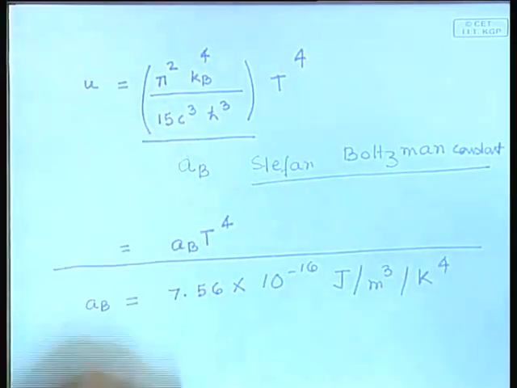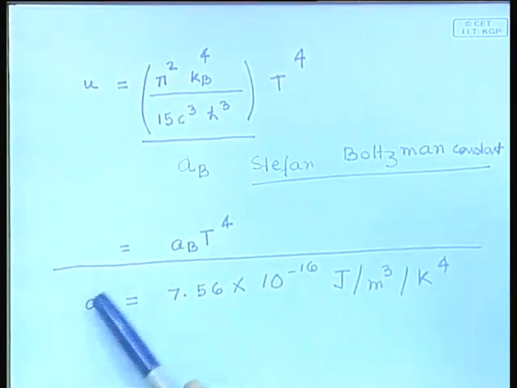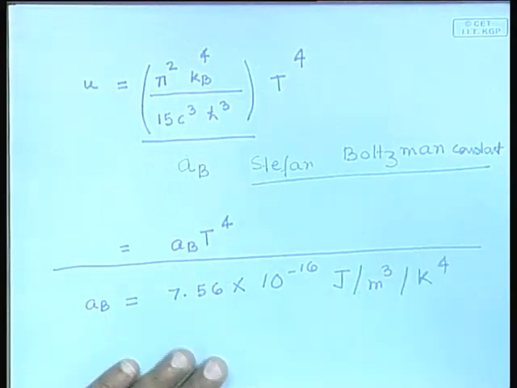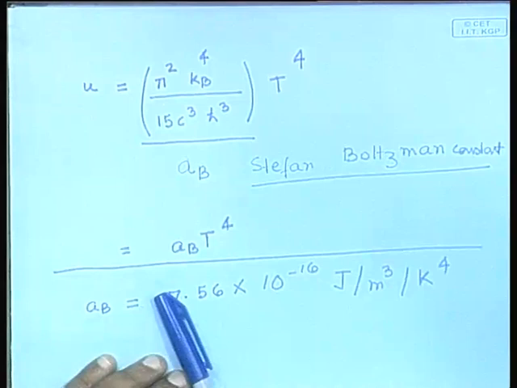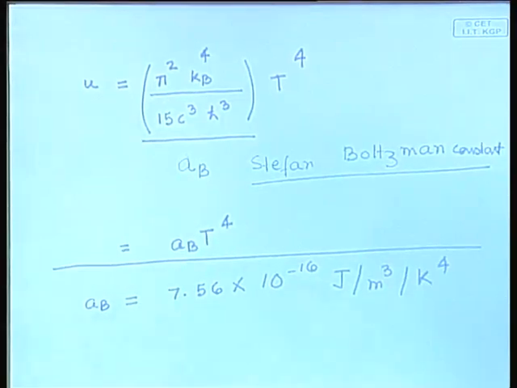So, this gives us the energy density in black body radiation, in thermal equilibrium with matter at a temperature T, and it has a dependence T to the power 4. That is why this constant has a Kelvin to the power 4 over here, and if you multiply it with T to the power 4, this gives us the energy density in joules per meter cube.